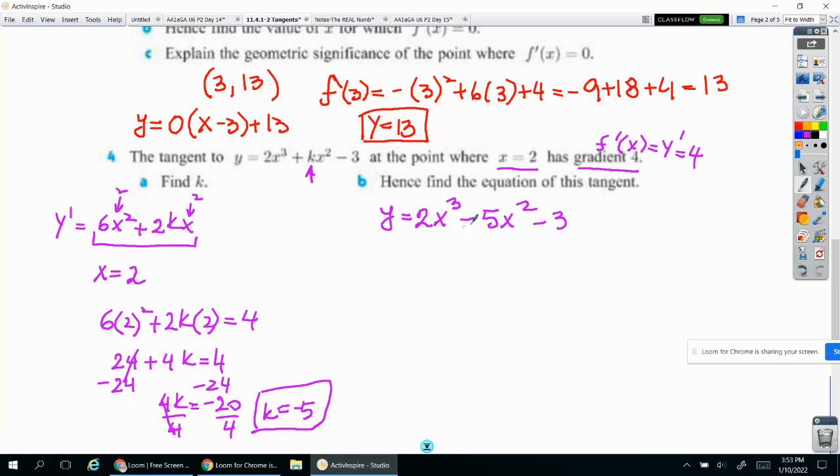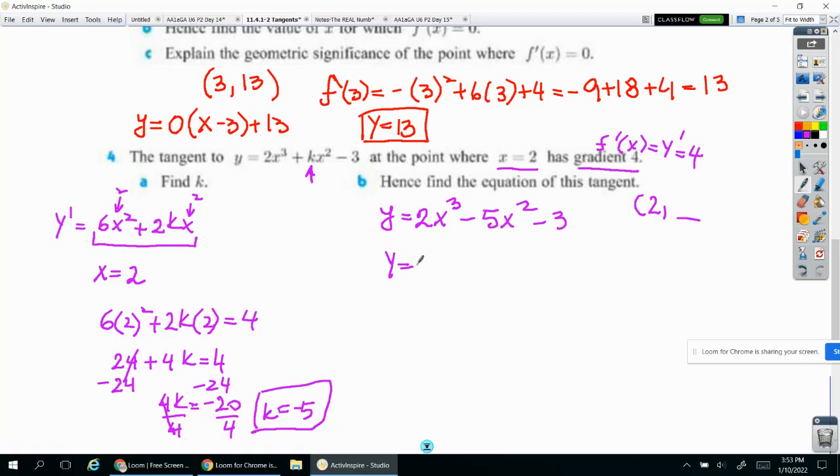This will help us find the y coordinate of the contact point of the tangent. So we have that the x coordinate is 2. If we plug in 2, we will get the y coordinate. Remember, we need both x and y, and we need the gradient in order to find the equation of the tangent line. So let's go ahead and plug in 2.